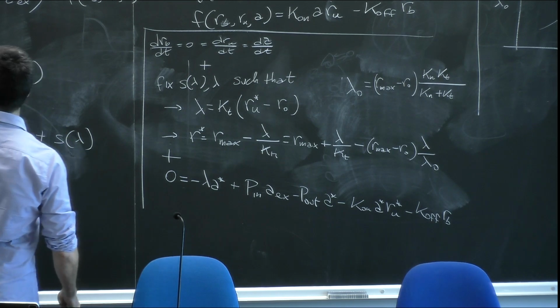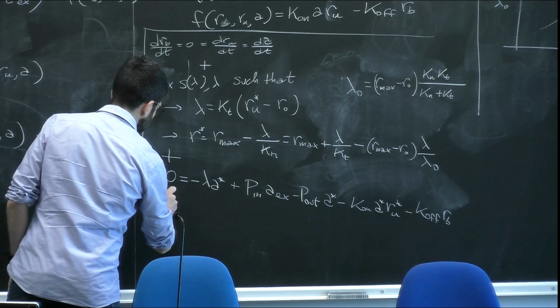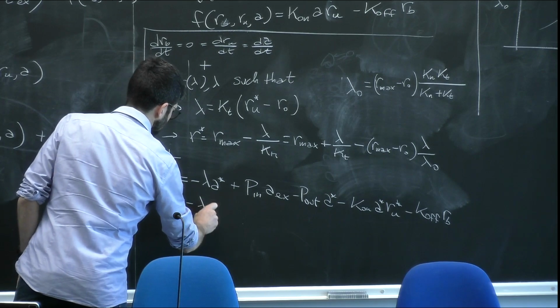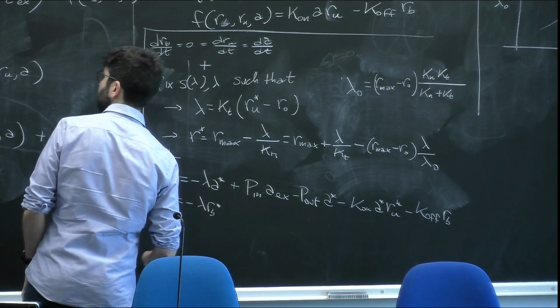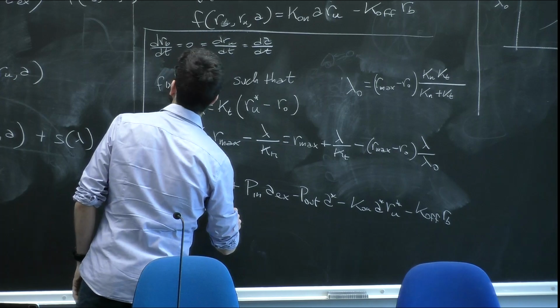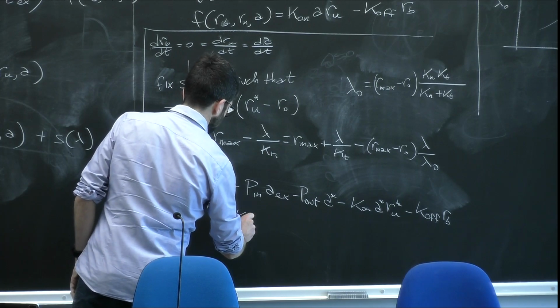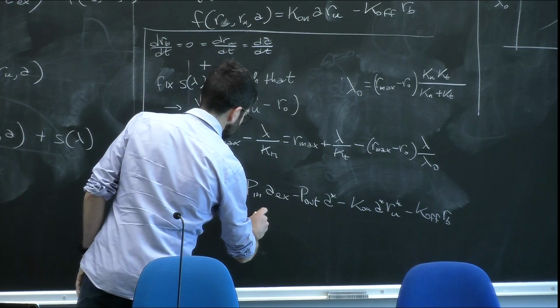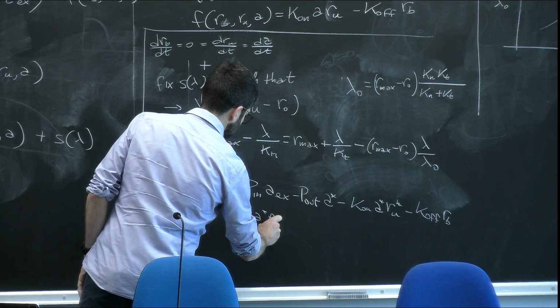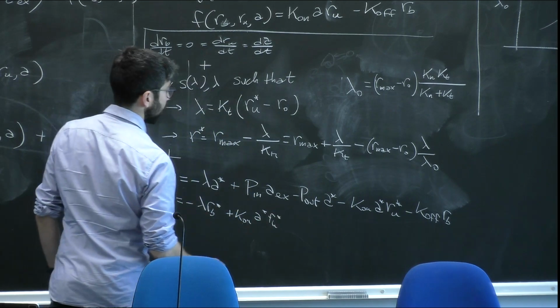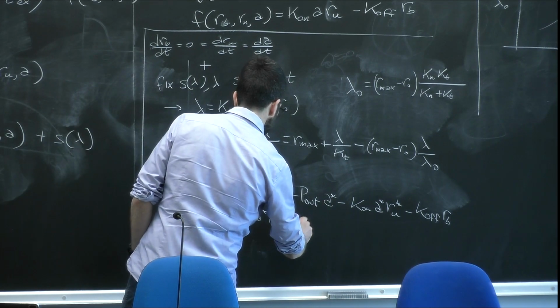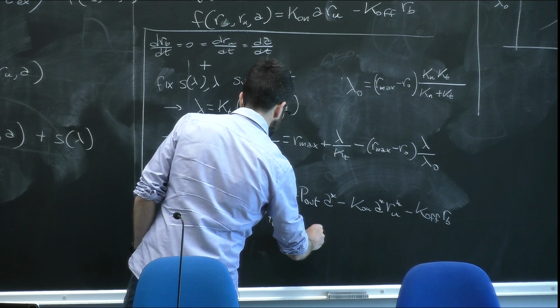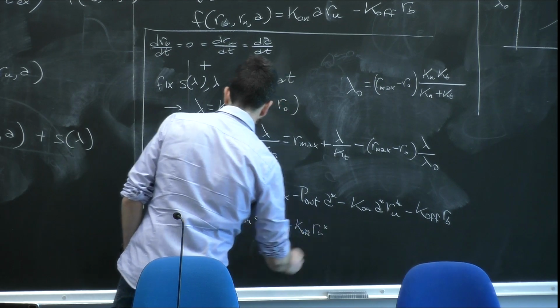And then I have the second equation, which is 0 equal to minus lambda Rb star plus K on A star Ru star minus K off Rb star.